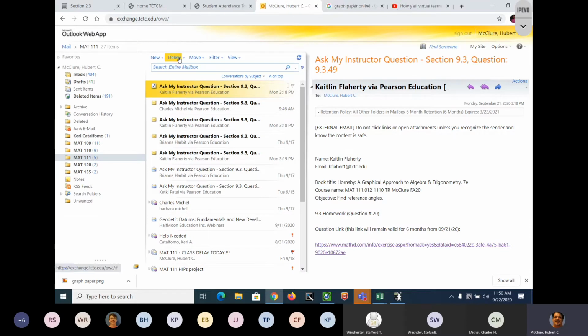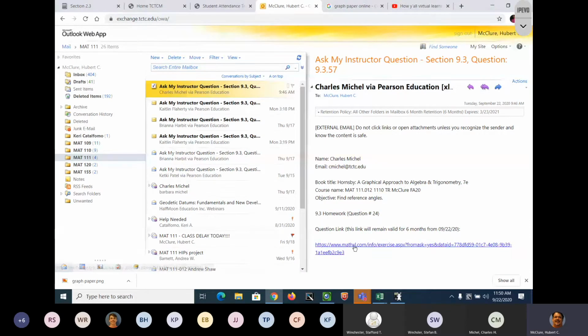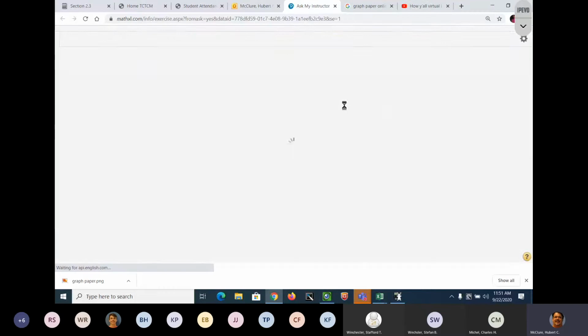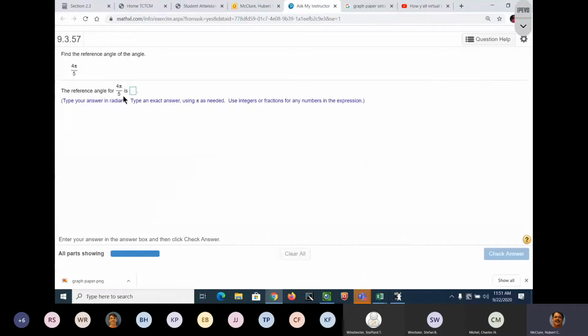Feel like I'm doing y'all's homework for you. The reference angle for 4 pi over 5. I'm not going to do anything until I figure out where 4 pi over 5 is, because my teacher taught me to find out where I am first.